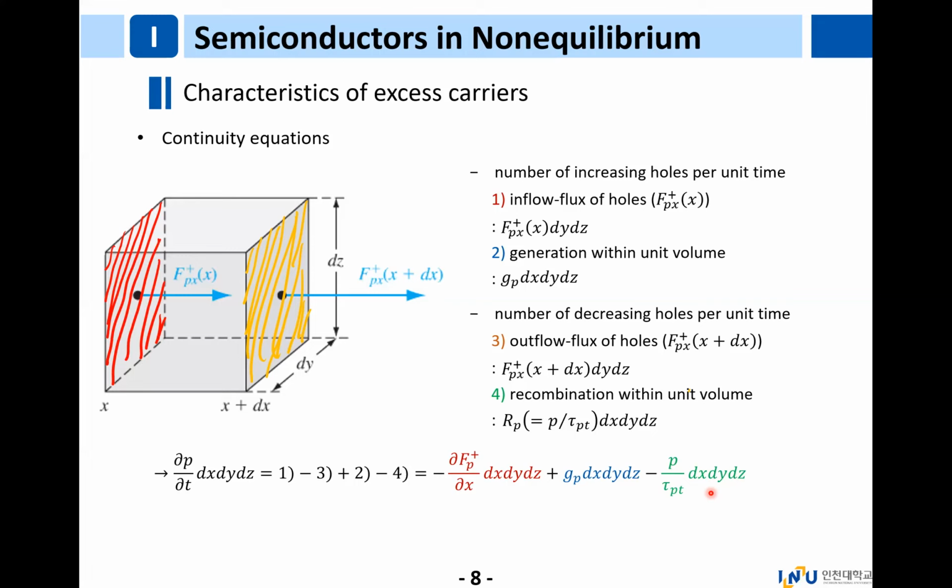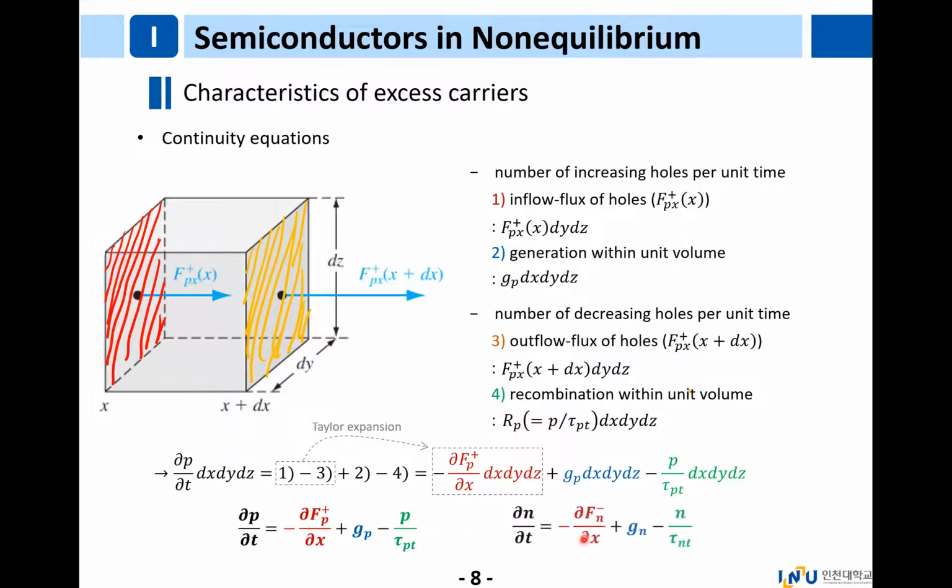So this can be expressed using the Taylor expansion and further simplified, leading to the continuity equation for holes. And a similar approach can be applied to derive the one-dimensional continuity equations for electrons.